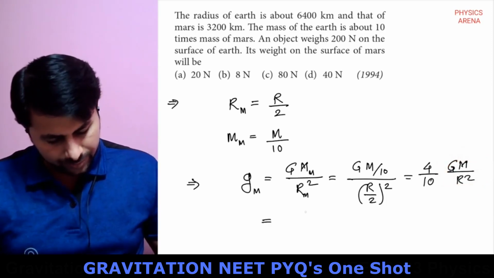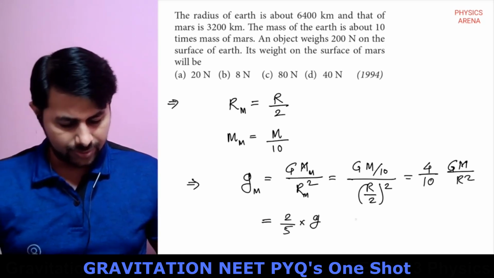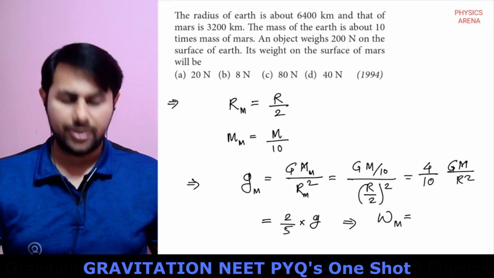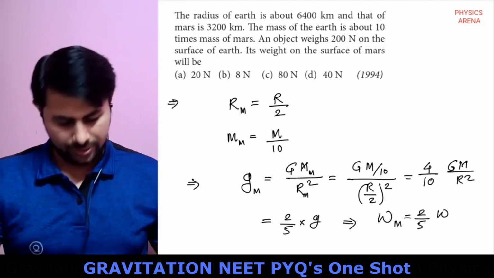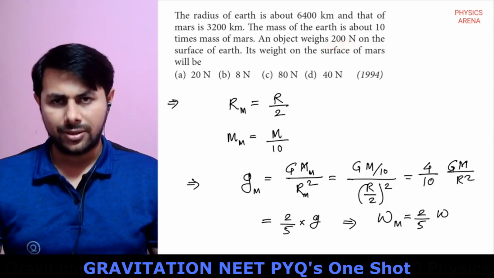So it is 2 by 5 times g, and therefore weight on Mars will be 2 by 5 times the weight on the Earth. And what is the weight on Earth? It is 200 Newton.